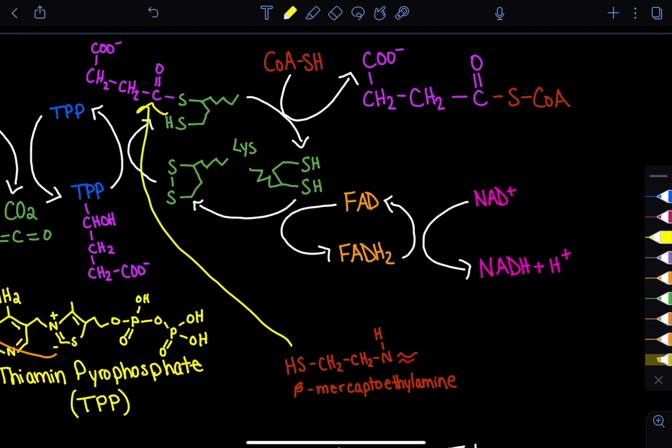When it attacks that carbon, remember, carbon can only have 4 bonds. So it must break a bond, and it's going to break the bond right over here.